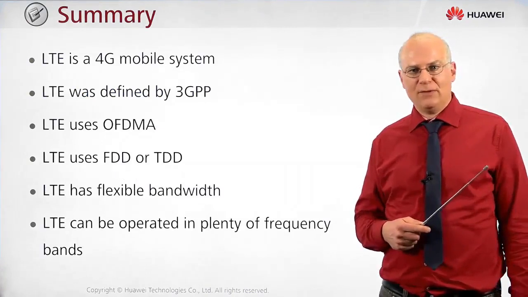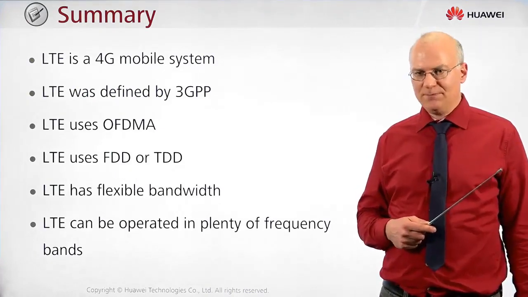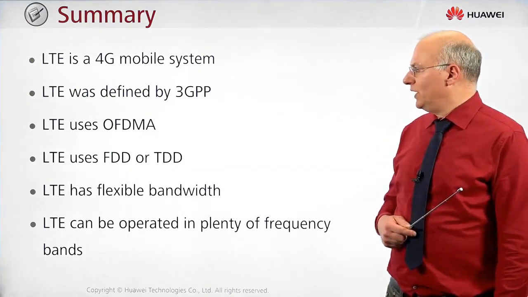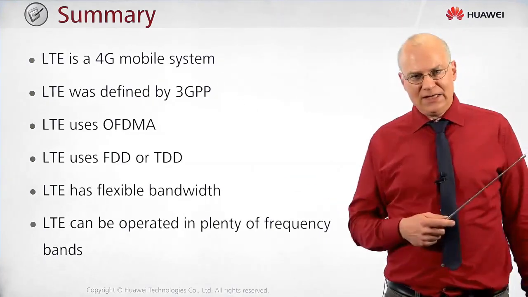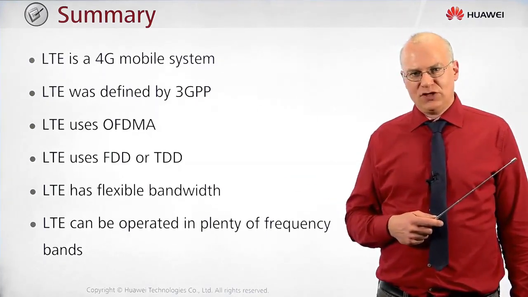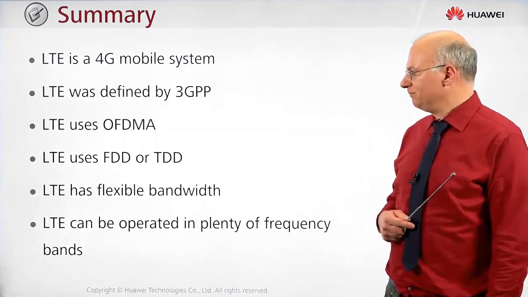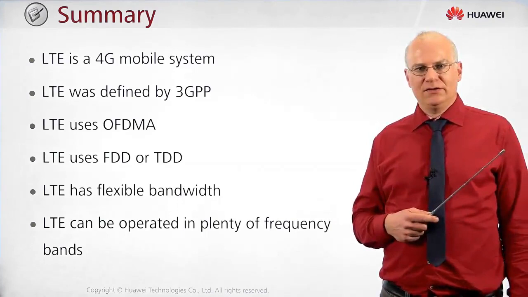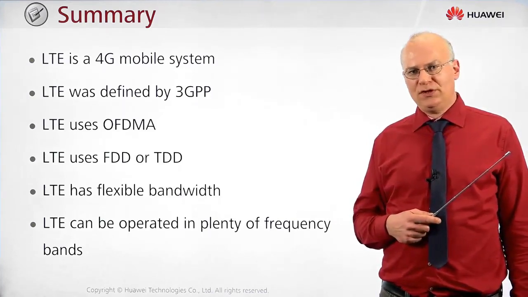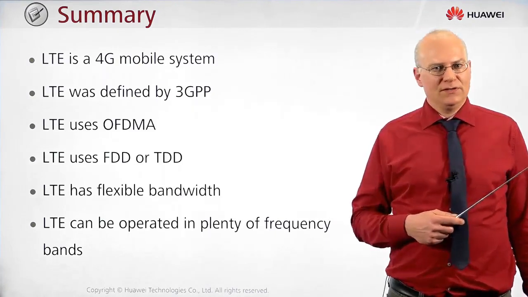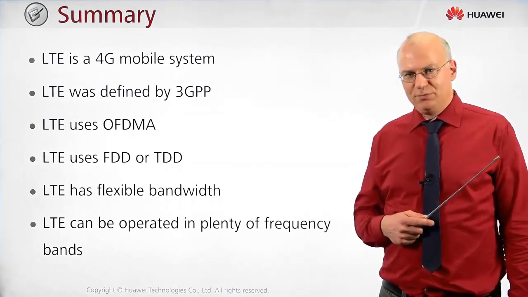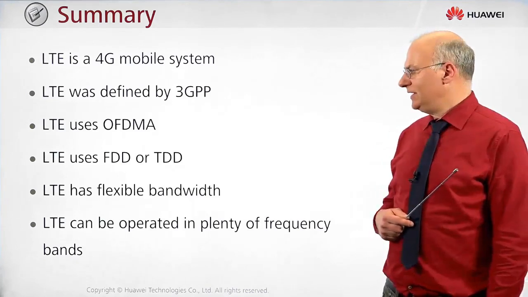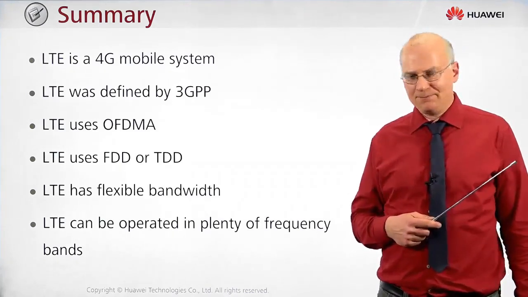So now let's summarize the first chapter. We have seen that LTE is a fourth generation mobile system. It was defined by 3GPP, which already developed UMTS. The principal technology which is used by LTE is OFDMA.